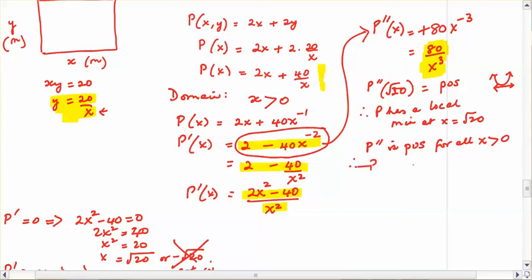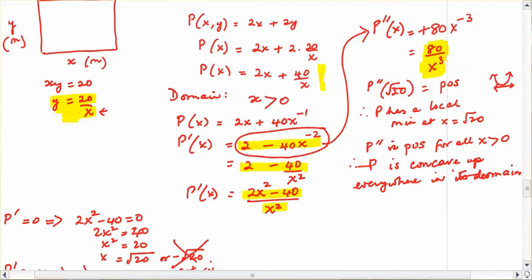Therefore, if p double prime is positive, it means that p is concave up everywhere in its domain, since the domain is x is greater than 0.